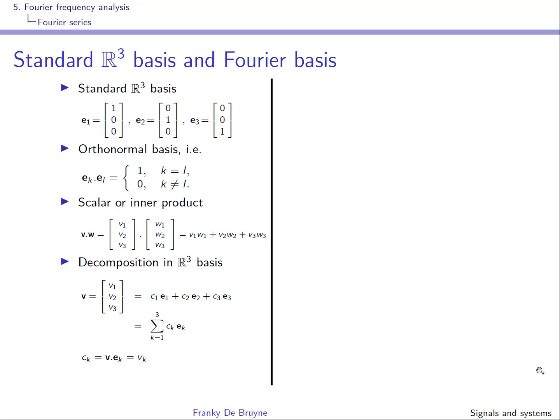Well, let us first talk about the standard R-cube basis that is shown over here, and this should look familiar. You know that it's an orthonormal basis. This means that these vectors over here, E1, E2, and E3, are perpendicular, and that each of these vectors has a unit length.